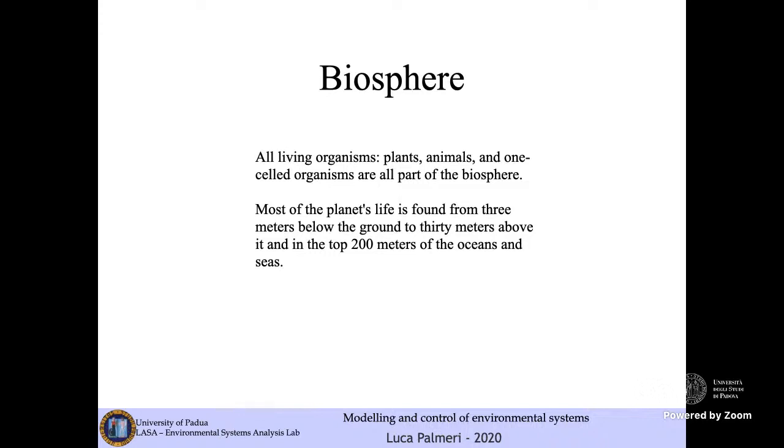But please note that we may find some very rare living organisms even in the deepest parts of the oceans, like for example in the sulfuric jets at the bottom of the seas, where we may also observe living organisms that have developed very peculiar biotechnologies to convert or to extract energy from molecules, in particular, in the case of non-oxygen respiration, so anoxic transformations.